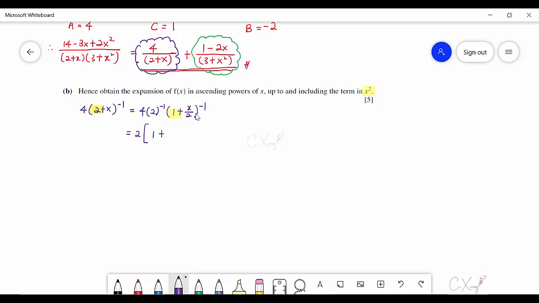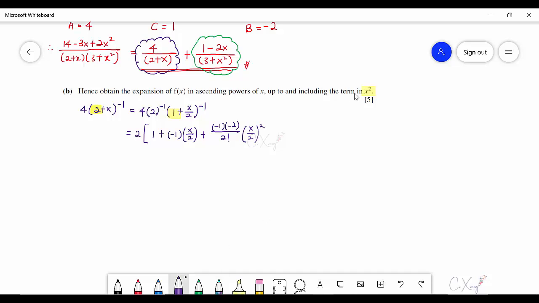The second term is nx, so n is your power, and x is the term at the back, so your x is actually x over 2. Then plus n(n minus 1), so n minus 1 means you get -2, divided by 2 factorial, and then x over 2 squared.